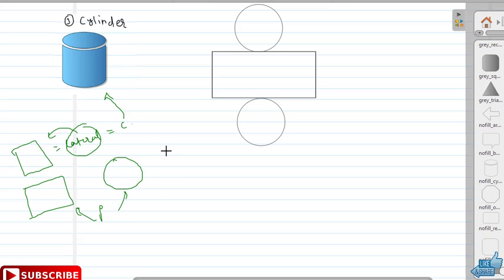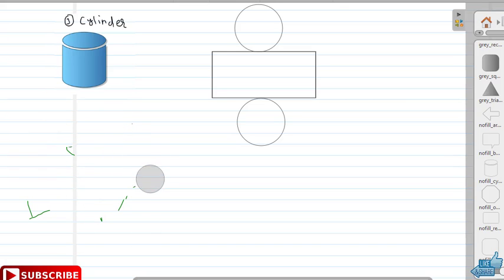Okay, understand this point? Now see this cylinder, if I cut it into three parts, the first one is a circle, second one is a rectangle, third one is a circle. Now we are going to watch one by one all the formulas of this cylinder.